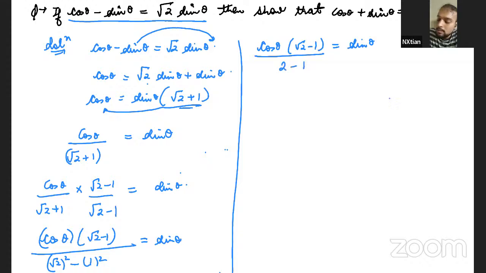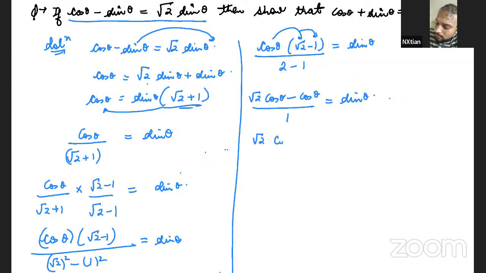Now this cos theta will multiply with both the numbers, which becomes root 2 cos theta minus cos theta upon 1 is equal to sin theta. Now root 2 cos theta is equal to sin theta plus cos theta.